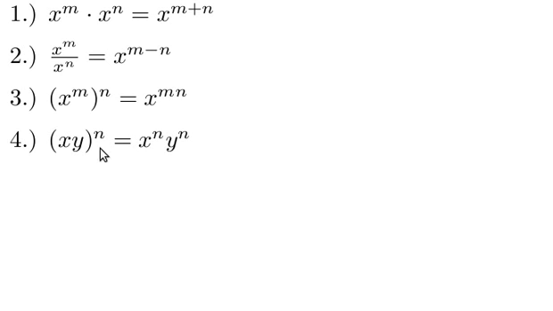So what we have here is essentially a distribution rule. It's very, very similar to the distribution rule that you have for multiplication over addition. So you're distributing this n to go to both the x and the y.